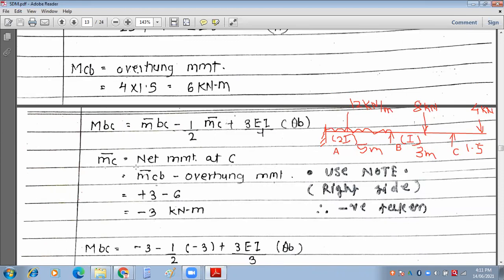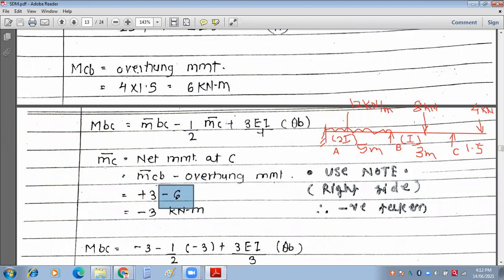Therefore, this fixed moment is, as we know, 3 plus 3, and due to overhang, as we have previously seen, if the overhang is at the right side, we have to take the negative moment. Therefore, this is taken as the negative overhang moment, that is 6 kilonewton, minus 6.